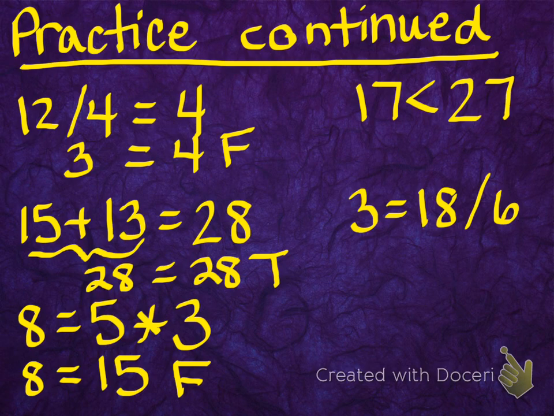Now, is that true or false? 17 is less than 27, so this number sentence would be true. Okay, the next one, 3 equals 18 divided by 6. So what times 6 equals 18? 3. So 3 does equal 3, so this number sentence would be true.